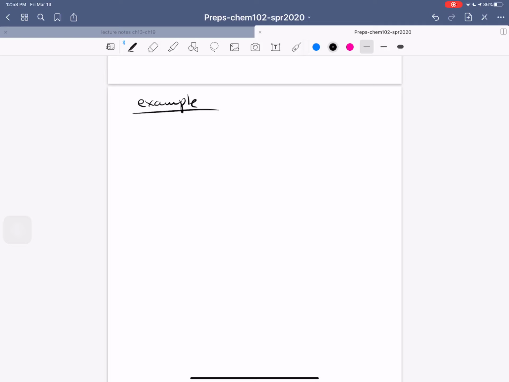Concept number 1 is the calculation of pH of a weak base solution. And the second concept is that we can calculate the value of Kb if we know the value of Ka. Okay?